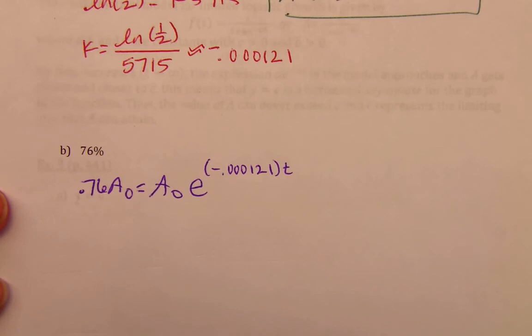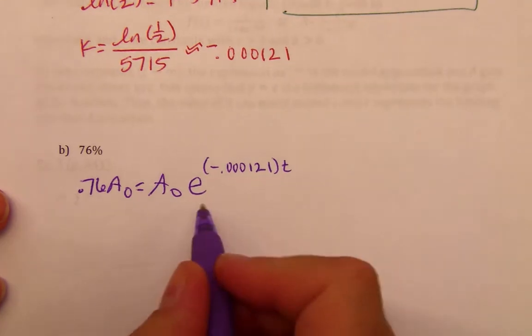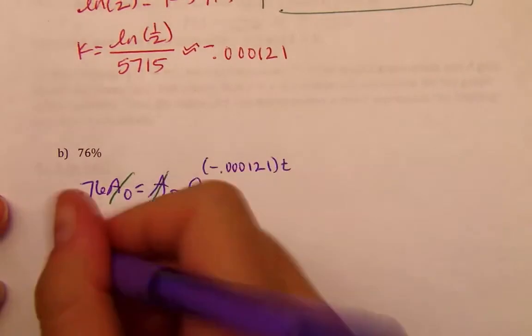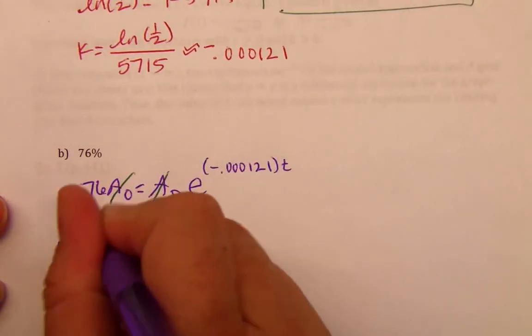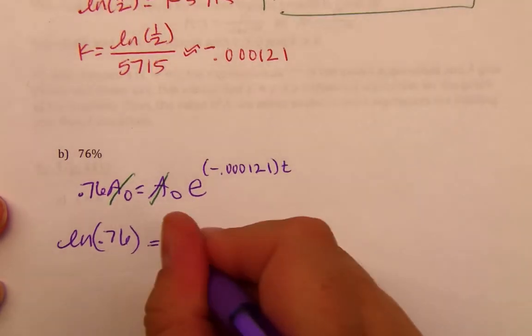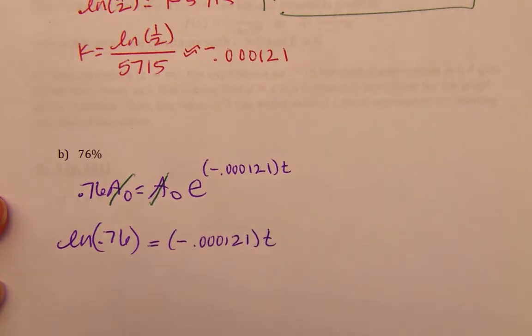So we can write 0.76 A naught. And it's asking how many years did it take for only 76% of it to be left, or how long ago really, or how old is the sample. So we can again cancel an A naught from both sides, take the natural log, the e will cancel out, and we can solve for t.